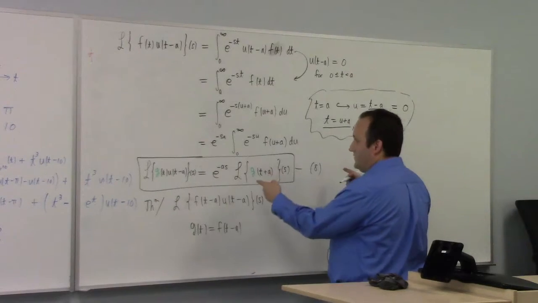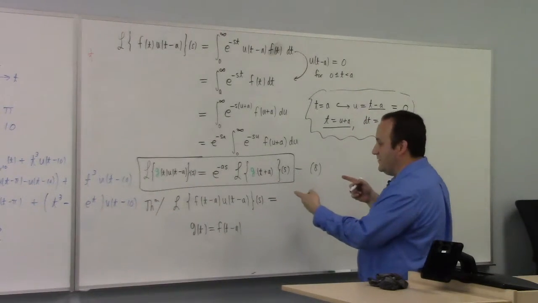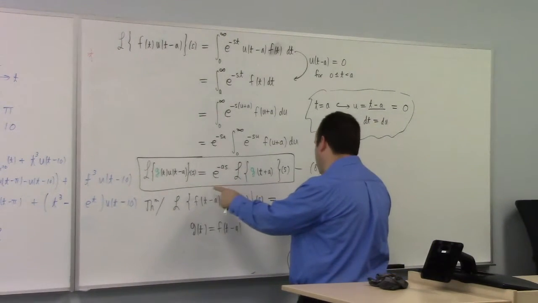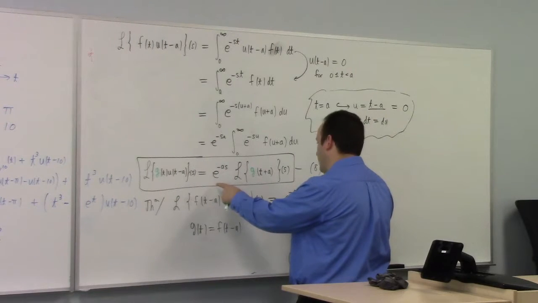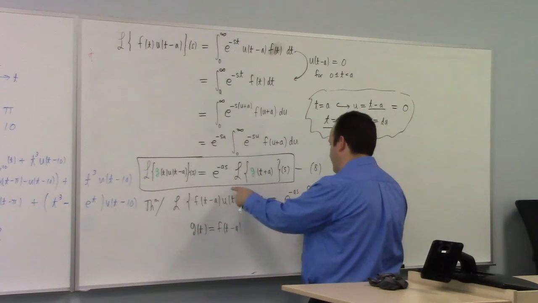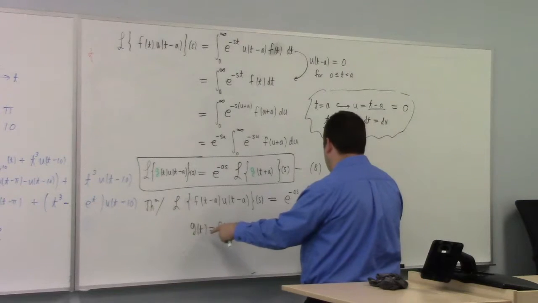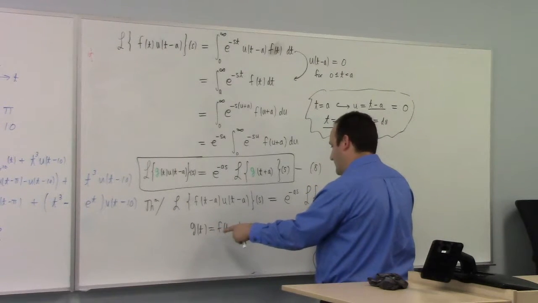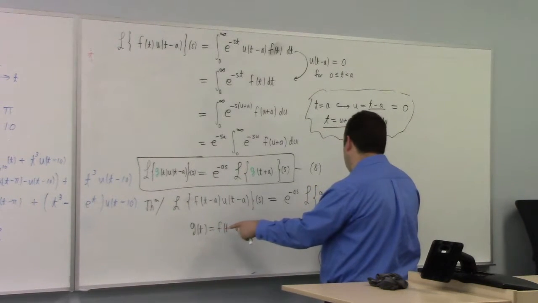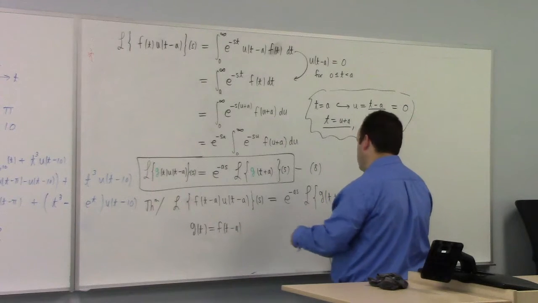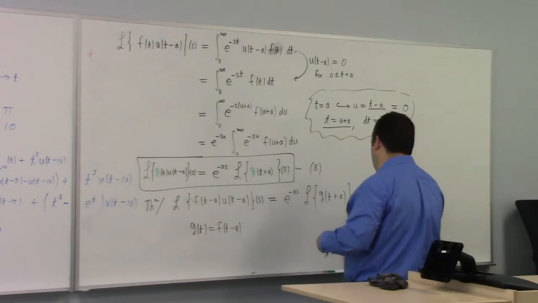So the theorem we just proved, equation 8 we just worked through, would give us what? It would give us e to the minus as times the Laplace transform of g(t plus a), right? But what would that be equal to?